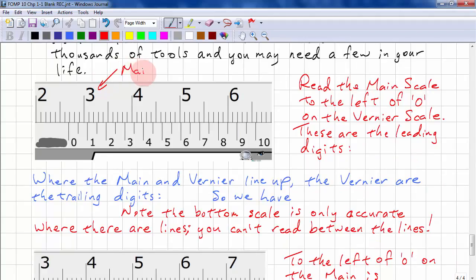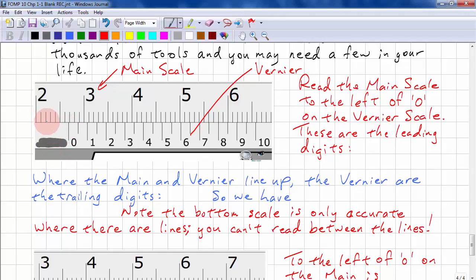This is our main scale, and this is our Vernier scale. We get our leading digits by reading the main scale, and we read the 0 from the Vernier scale. We read the line to the left of the 0.